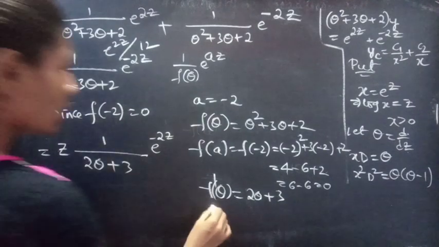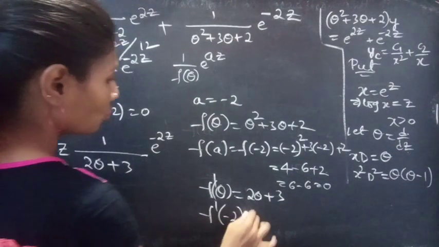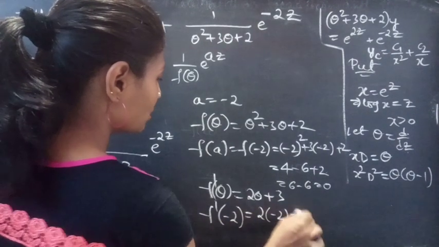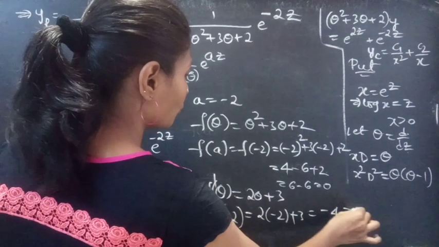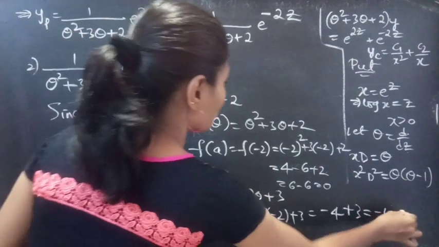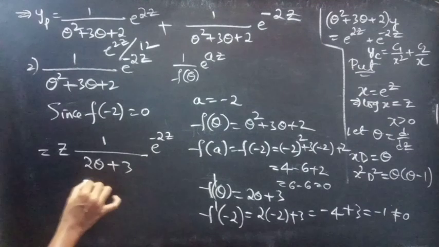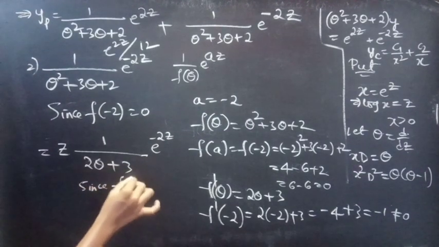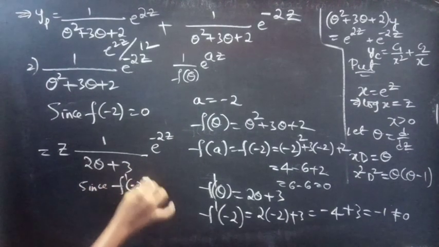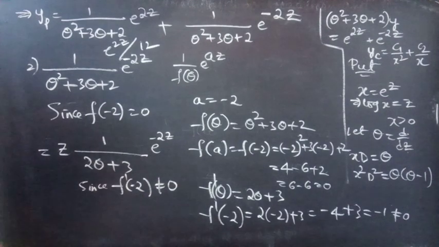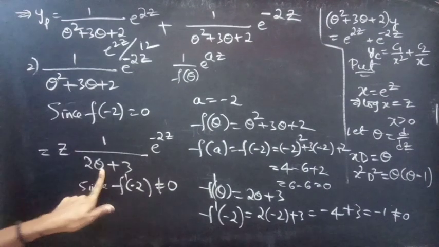Now find f dash of minus 2. We'll get 2 into minus 2 plus 3 equals minus 4 plus 3, which is equal to minus 1, non-zero. Since f dash of minus 2 is non-zero, we can replace theta by minus 2.